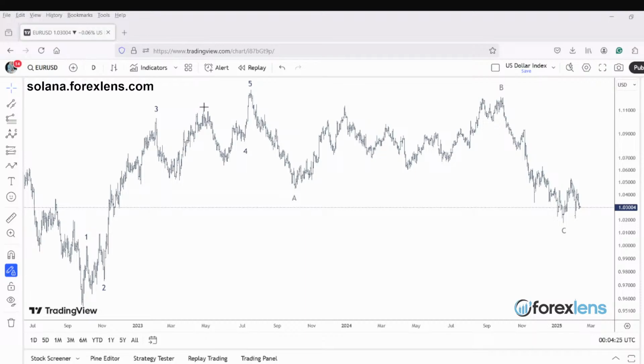It's a bit of slow price action. Prices are converging back to the 1.03 handle in Euro. We'll get on to the hourly chart in just a bit, but the larger degree counts are always pointing up.